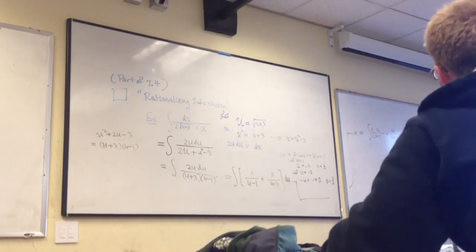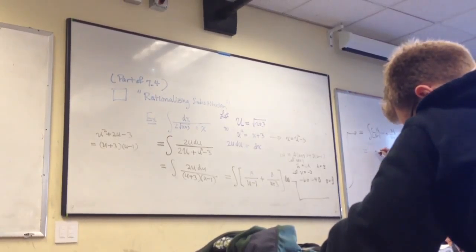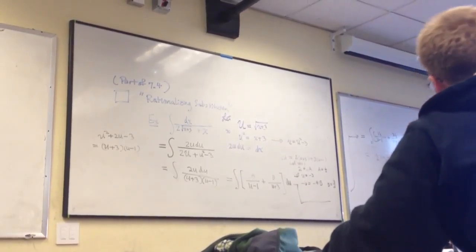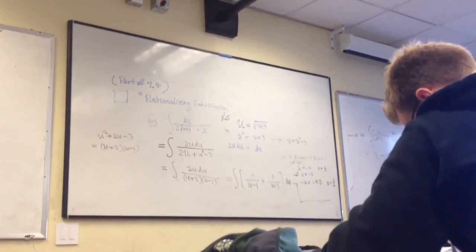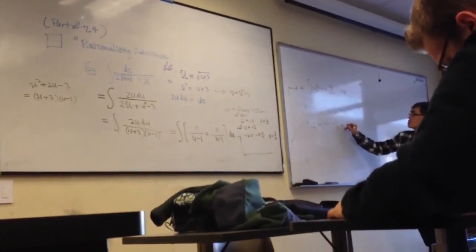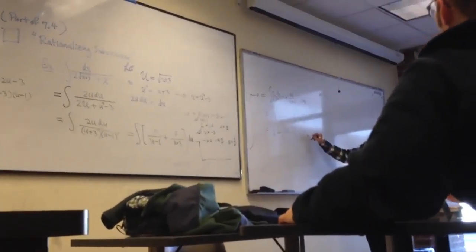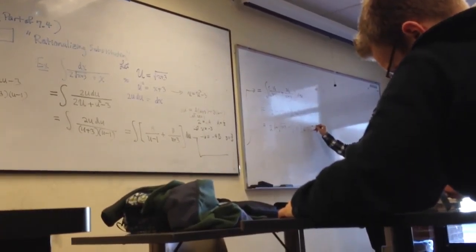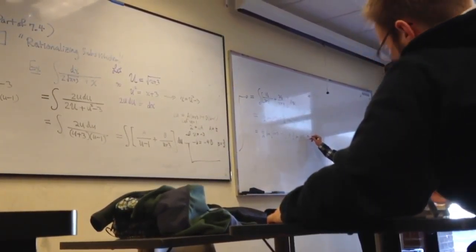All right, and so once you get to here, then I know that this is 1/2 natural logarithm of absolute value u minus 1 plus 3/2 natural logarithm of absolute value u plus 3. And the rest is more or less mechanical. And then plus integration constant. And just recall what u is. Okay, u is square root of x plus 3, and then minus 1, that's one piece, plus 3/2 natural logarithm of square root of x plus 3, and then plus 3.